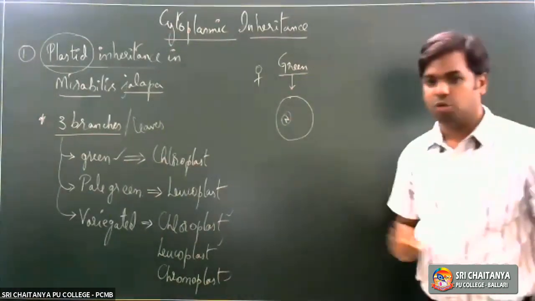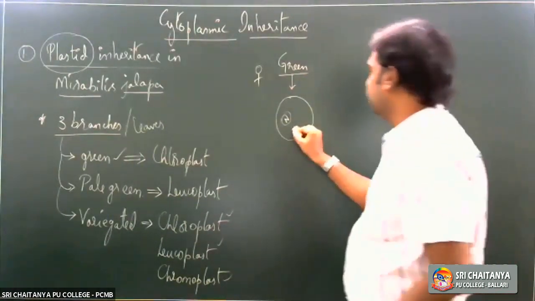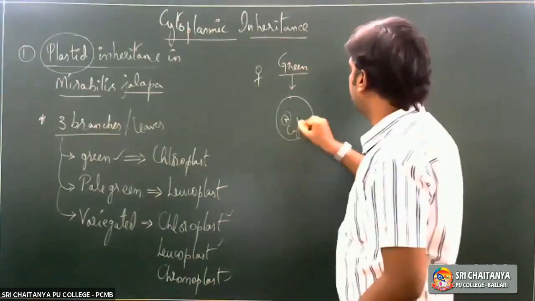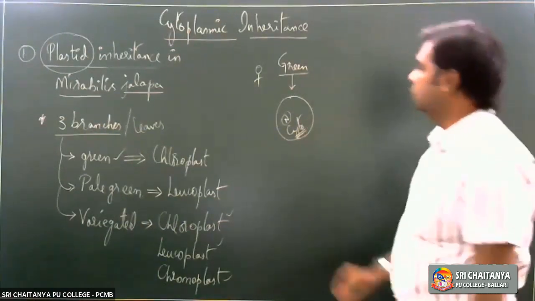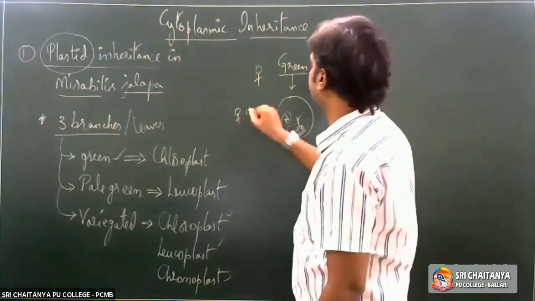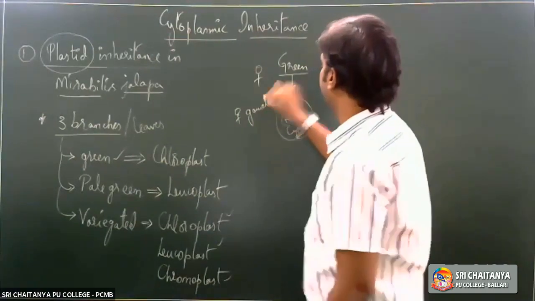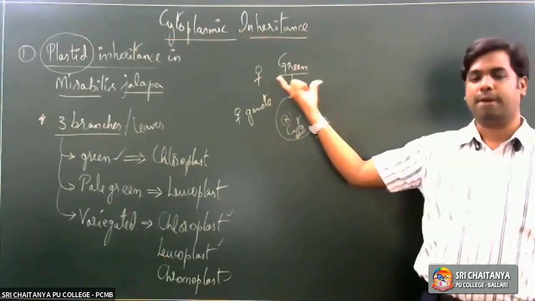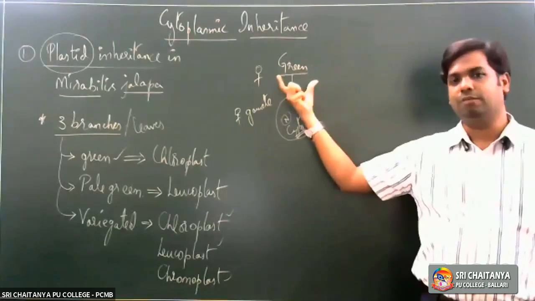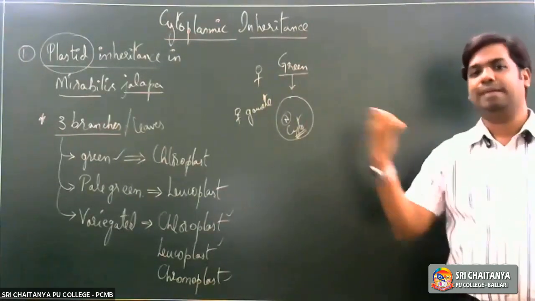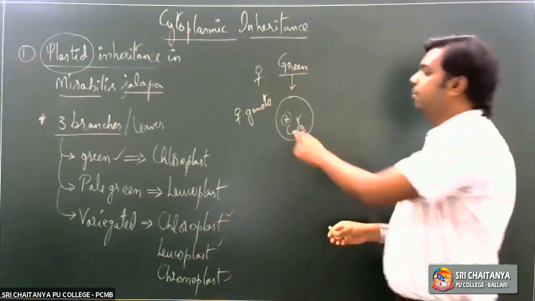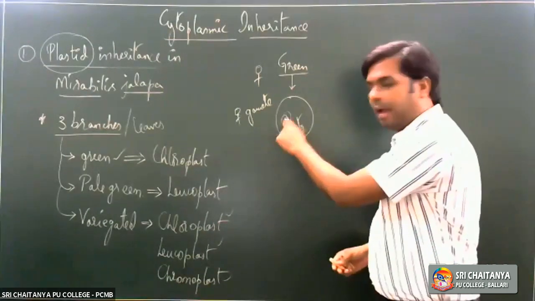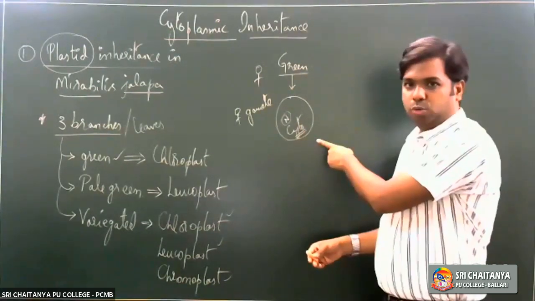Along with the nucleus, it also has cytoplasm. So we are talking about the female gamete here. The female gamete of the green colored branch or green colored leaves will have the nucleus, and at the same time a cytoplasm also.